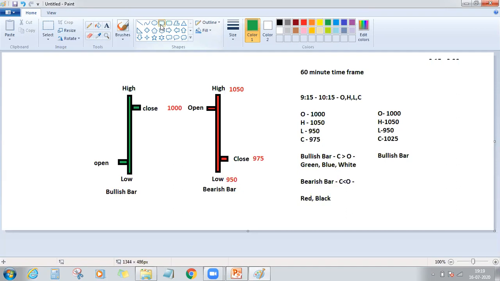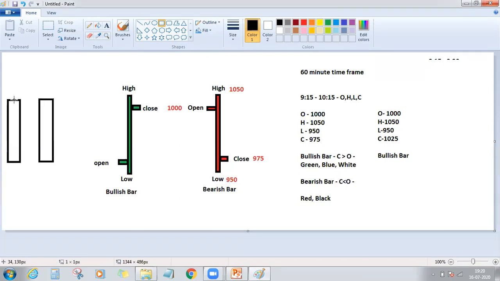So the rice traders have come up with a new structure to interpret these four components of the price, and they gave it a name as a candlestick. So there will be a cylindrical structure like this for a bullish candlestick and for a bearish candlestick.